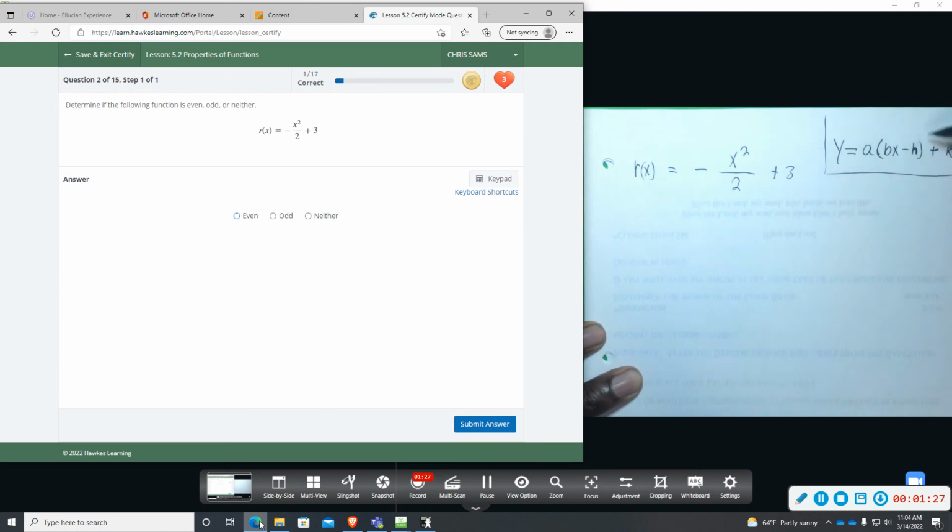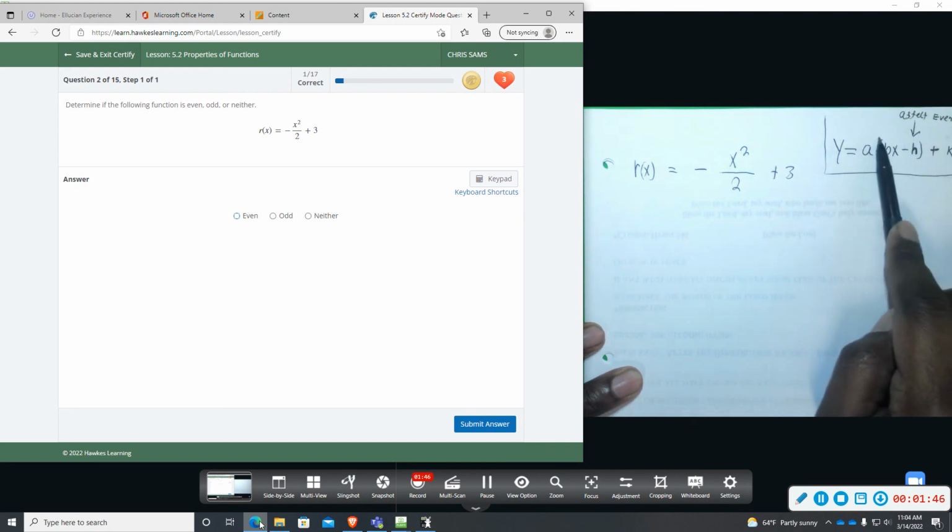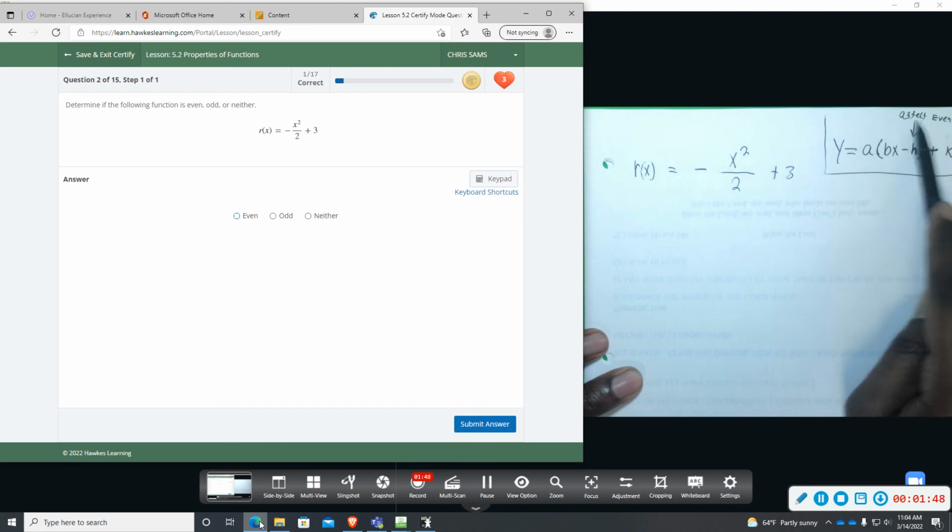If you have something like this with a shift left to right, this will affect even graphs. So if a graph was even according to the exponent, and you have something like this, that will affect it, which means it will no longer be even.